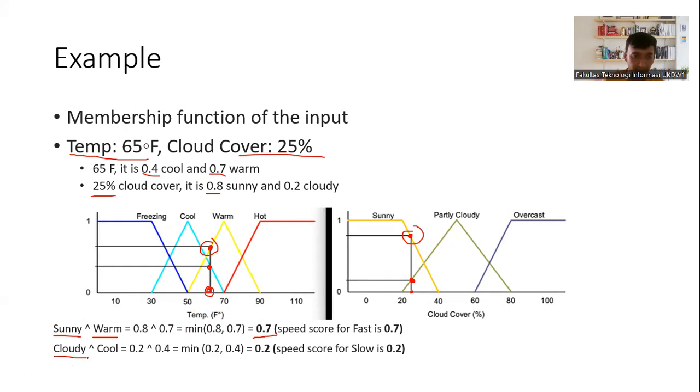Then for cloudy and cool, we find the minimum, and the minimum value from them is 0.2. So the speed score for slow is 0.2.